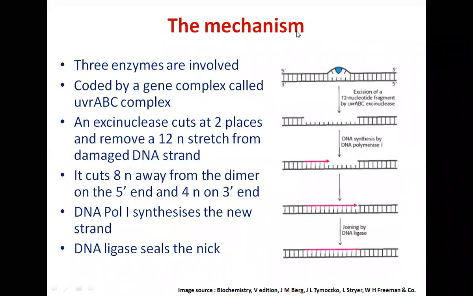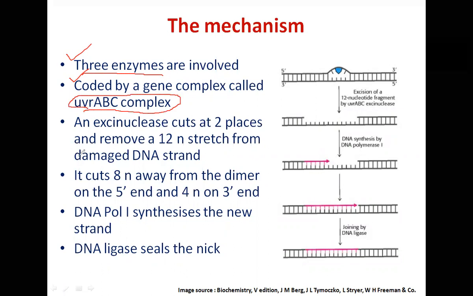Now what exactly is the mechanism? It involves three enzymes. Those three enzymes are coded by a gene complex called the UVR-ABC complex. This is the gene complex which codes for these three enzymes.